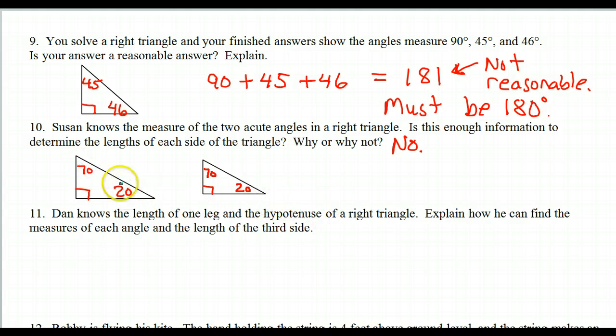So just because you know the angles, if you don't know anything else, that just will not be able to tell you what the sides are, because you could have a big triangle with those two angles, or you could have a smaller, similar triangle with those same two angles.